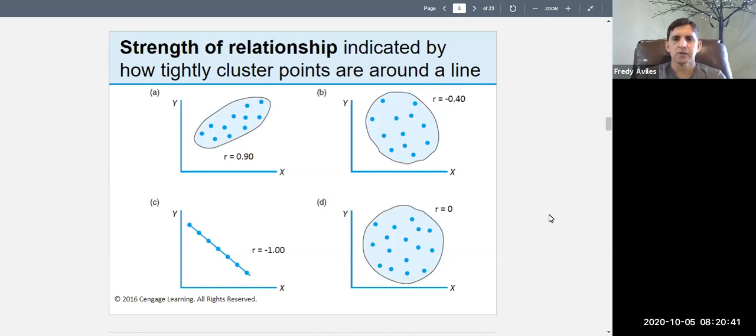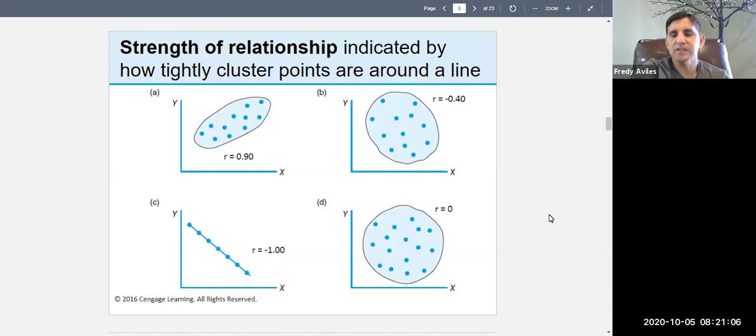So that relationship is close to being perfect, and you can see the points clustered around a line there with a positive slope. That's 0.9. If R was equal to 1, the line would be perfectly straight. Those dots would be perfectly in a line. So the more tightly clustered the points are around a line, the stronger the relationship.